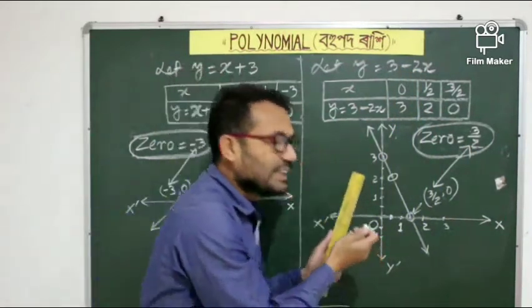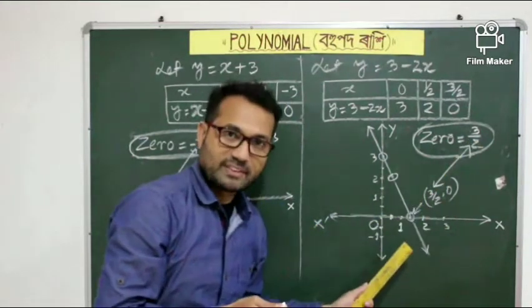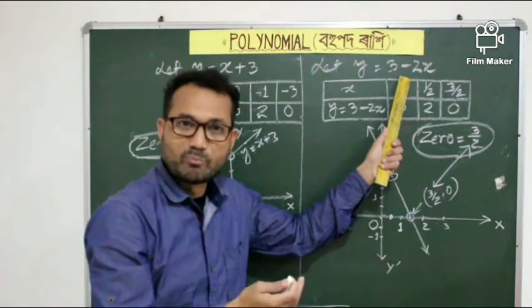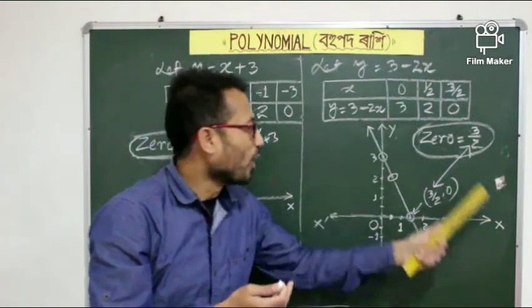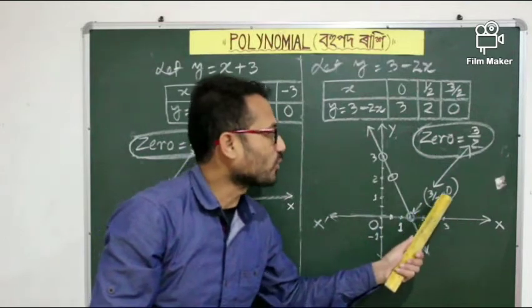And interestingly, you can see here the point of intersection of the graph represented by that polynomial, which is 3 minus 2x, with the x-axis, the point of intersection is (3/2, 0).